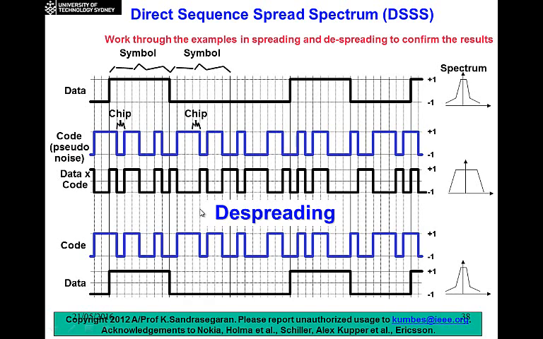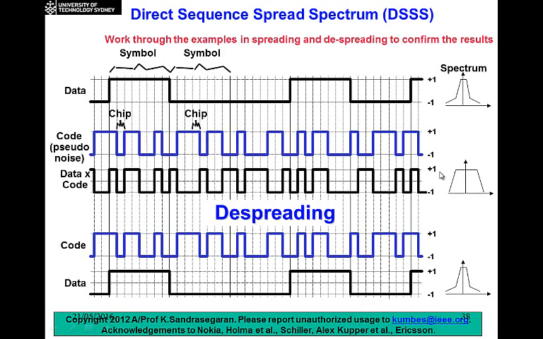Now what happens at the receiver is a despreading process. In the despreading process, we take the code and multiply the incoming signal. One other thing that I forgot to mention is that in the process of multiplying our narrowband signal by the chipping sequence, we end up going from a narrowband signal to a wideband signal.